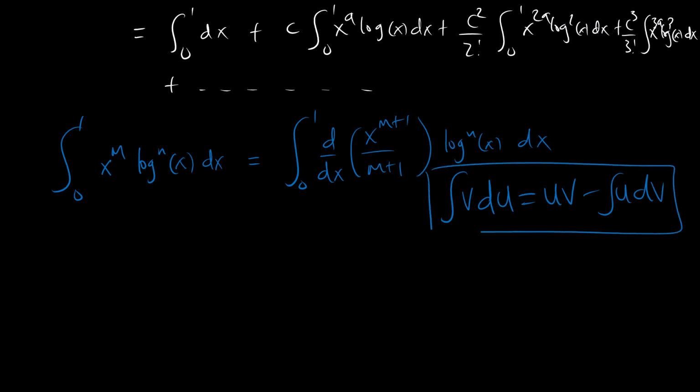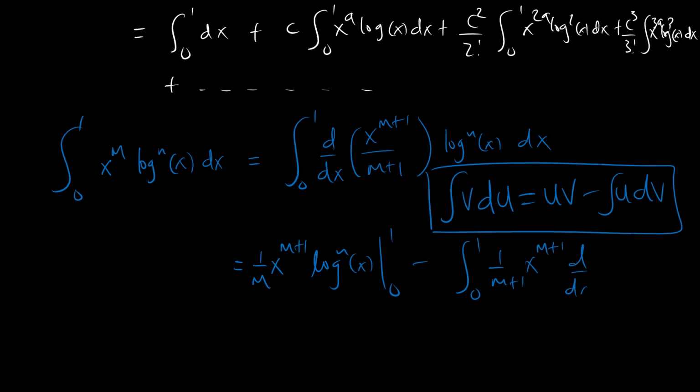So if we have that, then we now have 1 over m plus 1 x to the power m plus 1 log n of x from 0 to 1, minus the integral from 0 to 1 of 1 over m plus 1 x to the power m plus 1 and then the derivative of log to the n of x.